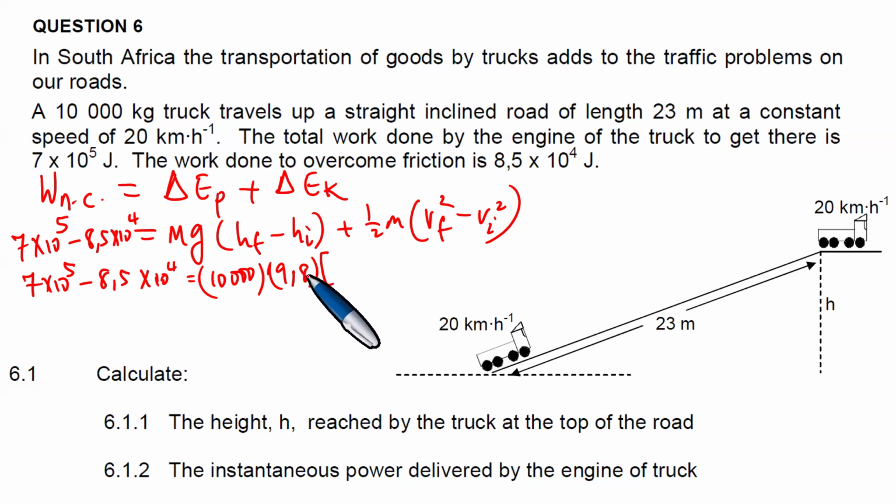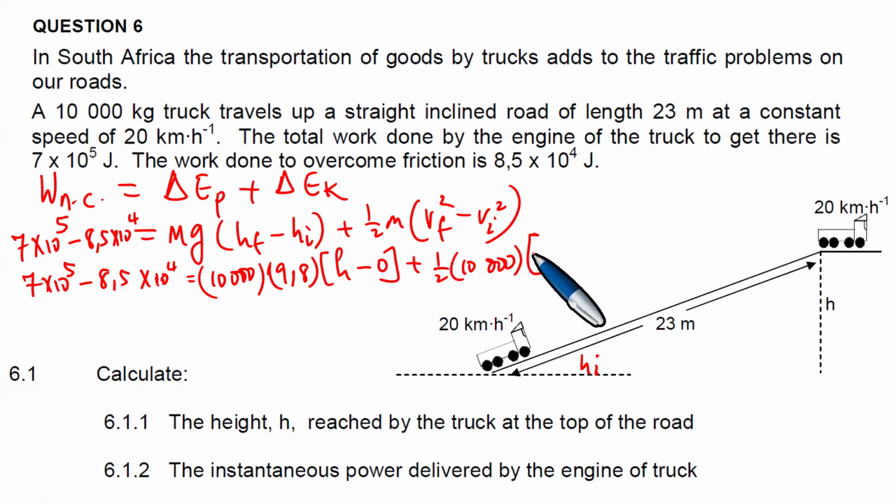The height final is what the examiner wants. So let's just call it h, because that's what the examiner calls it, when the truck reaches the top of the incline. And then you'd have the zero height at the base.